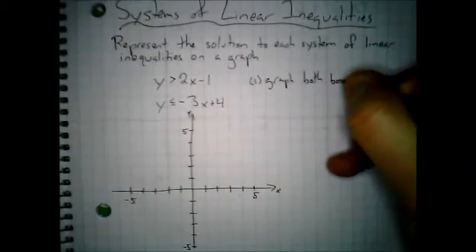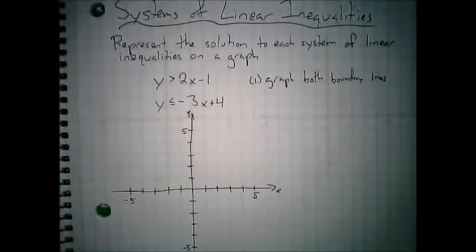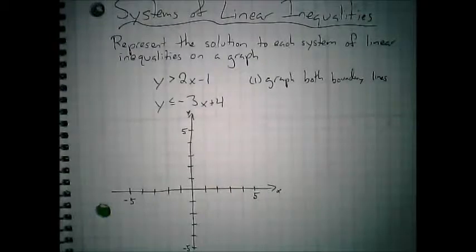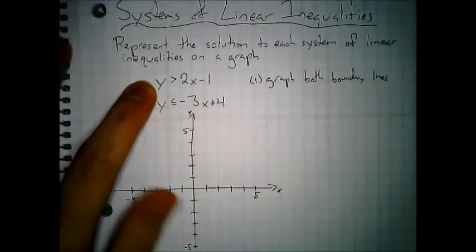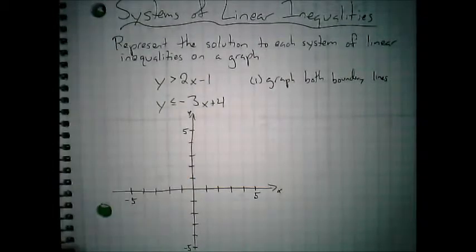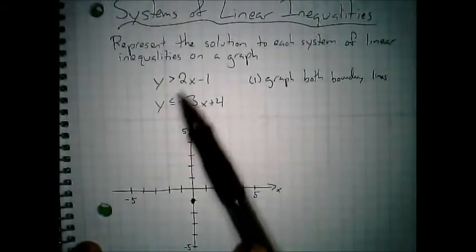both boundary lines. Okay, now we just have two boundary lines that we need to break our graph up with. So again, we're good at graphing lines at this point. We want to know when y equals 2x minus 1, so our y-intercept is negative 1 and our slope is 2.